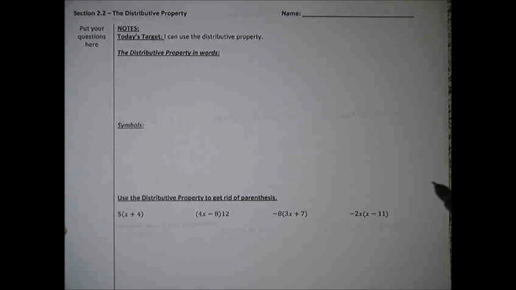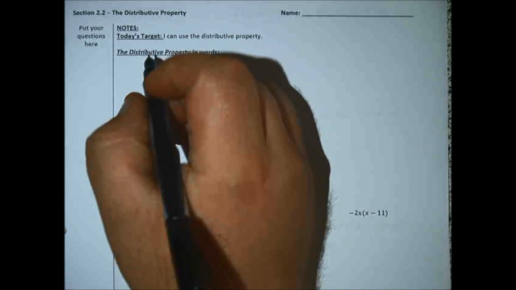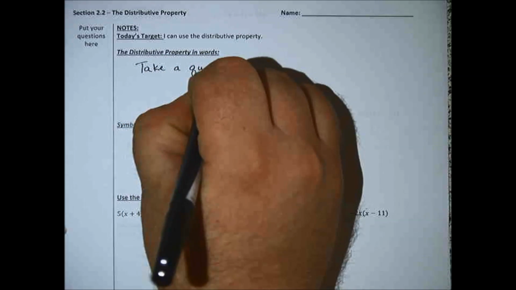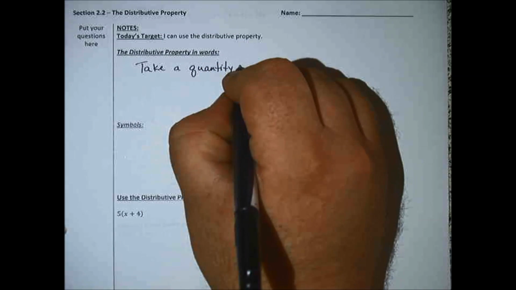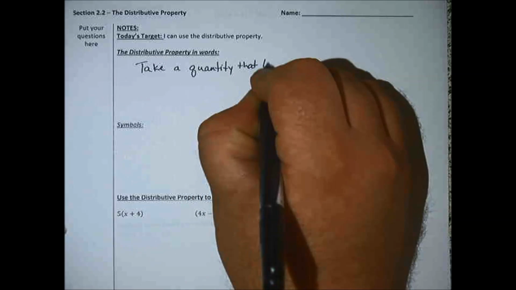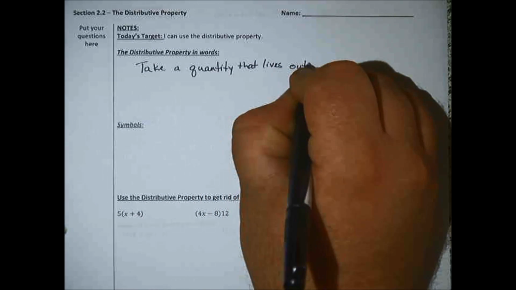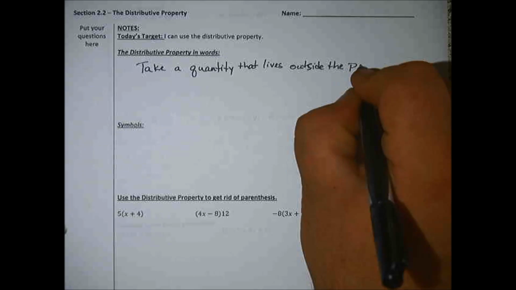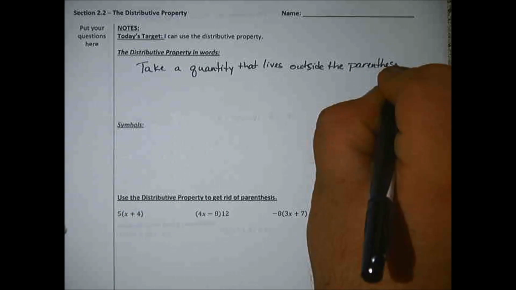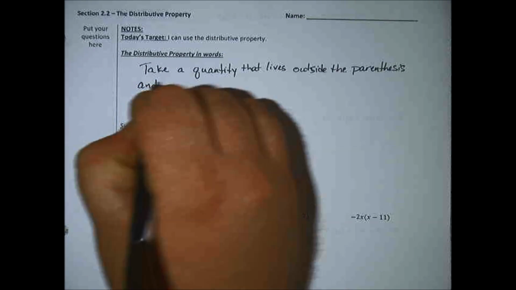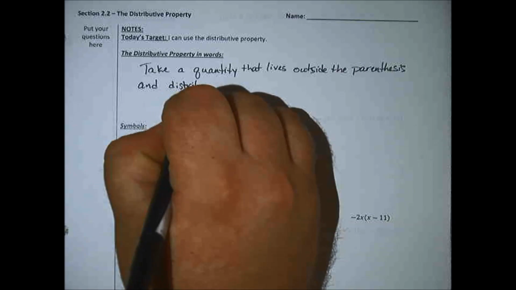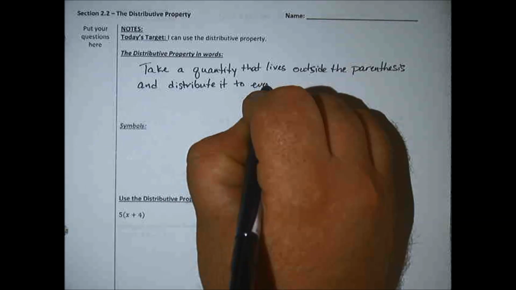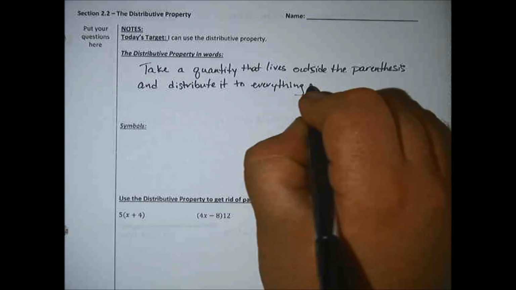So when we're talking about distributive property, maybe you've heard of it before, but really all I want to do is take a quantity that lives outside the parentheses and distribute it to everything inside the parentheses.